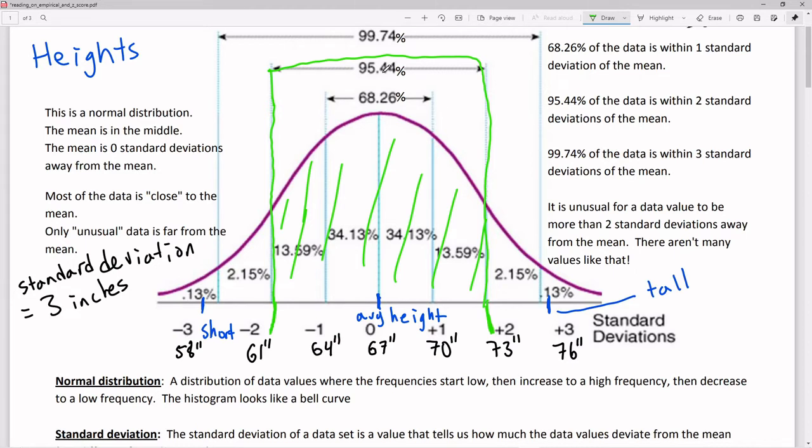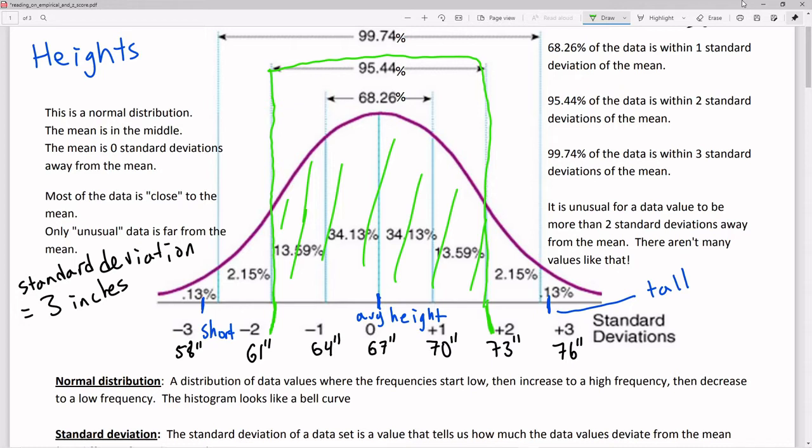We expect about 95% of people to be between 61 inches tall and 73 inches tall. Keep going. We expect 99 and some change percent of people to be between 58 inches tall and 76 inches tall. That's the 3. That's it.